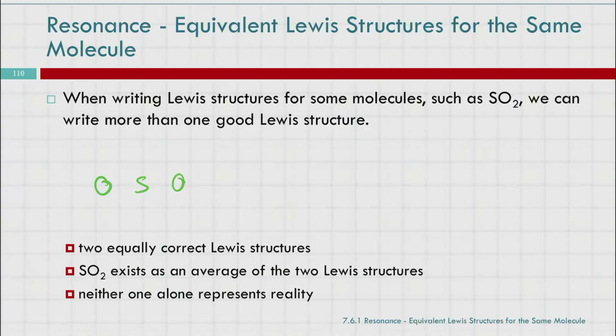Oxygen has 6 electrons, so 12 electrons from our oxygens. We've got 1 sulfur that also has 6 electrons, so we've got a total of 18 electrons. To get this thing connected, we put in 2 bonds. 2 bonds is 4 bonding electrons, which gives us a total of 14 remaining electrons.